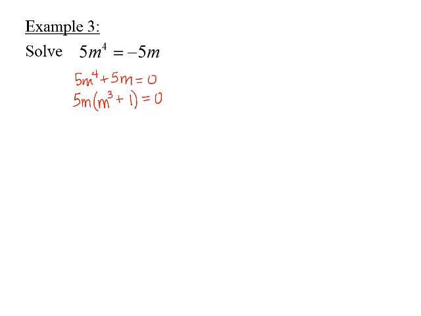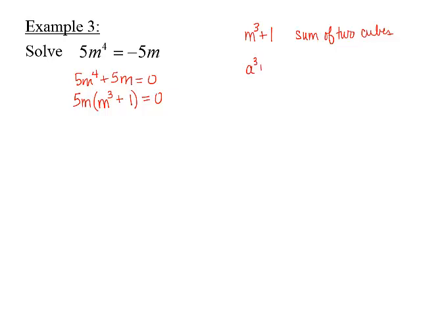m cubed plus 1 is a binomial that is actually the sum of two cubes. The sum of two cubes has a pattern that we apply to factor.